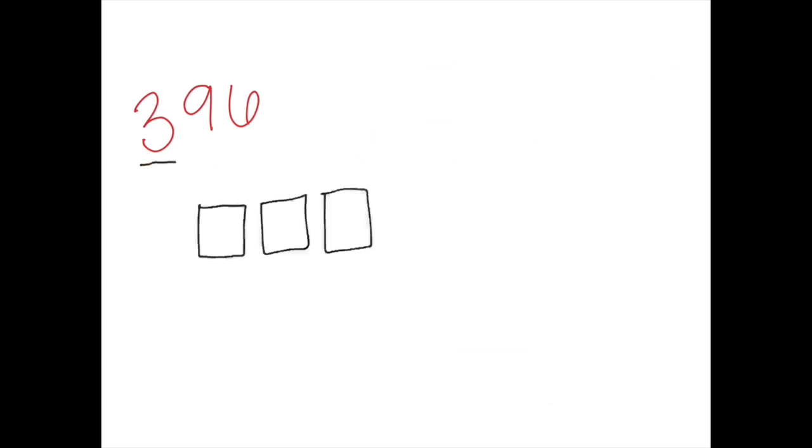Now I also know that there are 9 tens in 396, which means I need 9 10 sticks. 10, 20, 30, 40, 50, 60, 70, 80, 90. And I also know that I have 6 ones, so I'm going to draw out 6 circles. 1, 2, 3, 4, 5, 6.